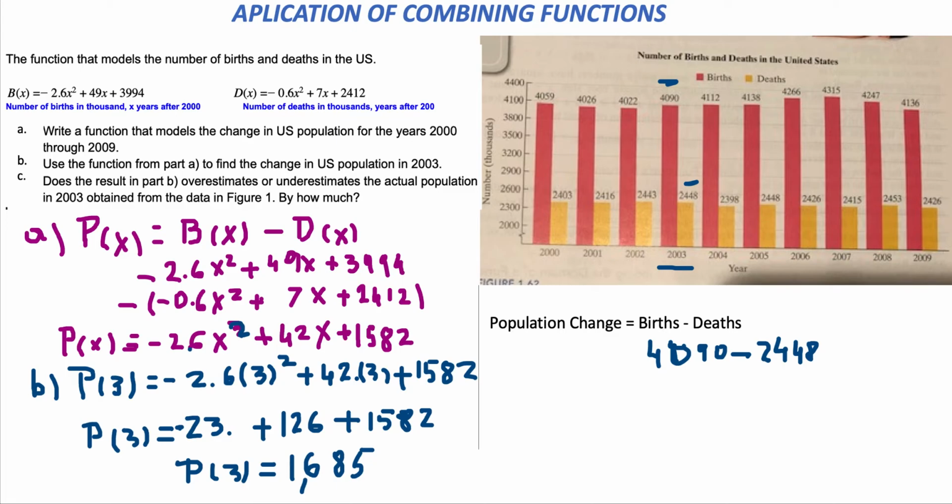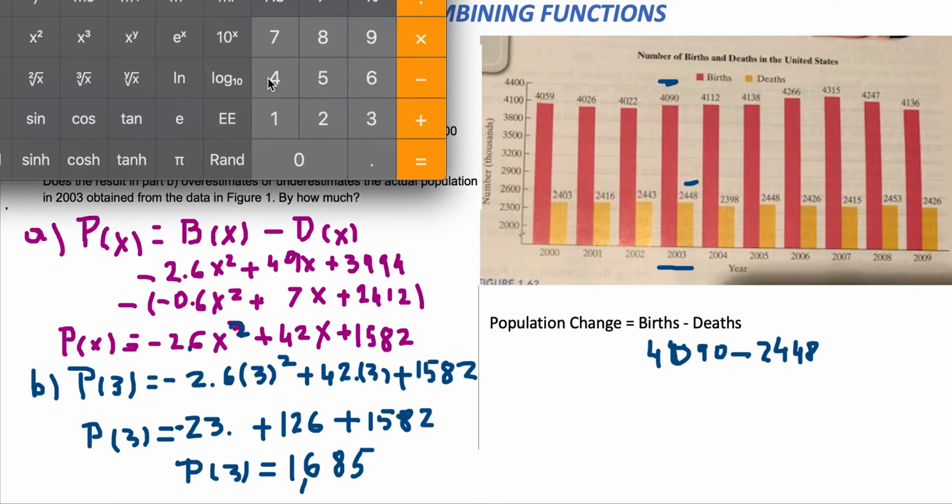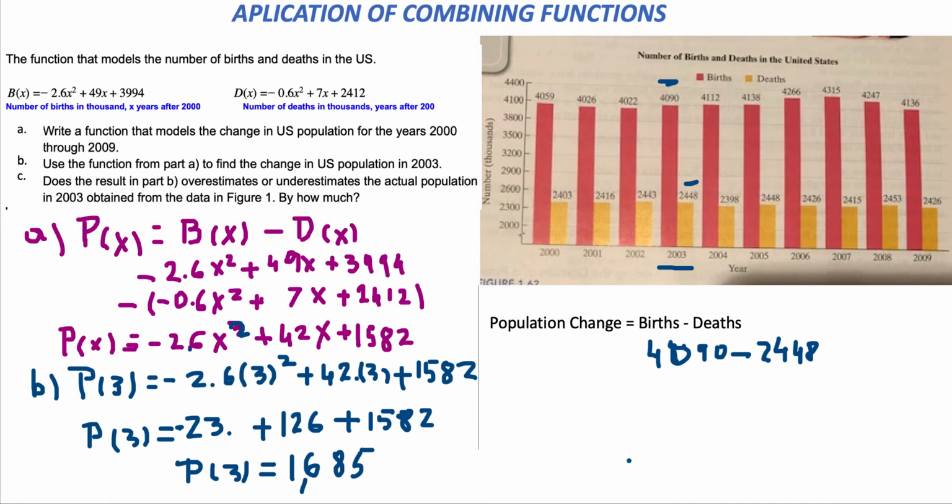And let's calculate quickly this value. 4090 minus 2412 gives 1678.